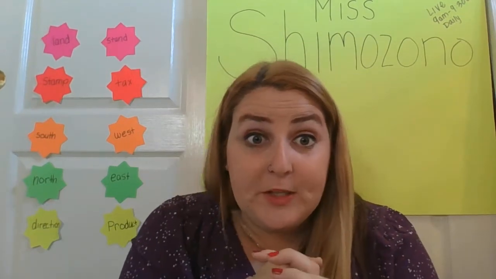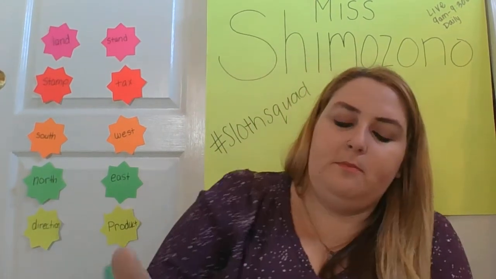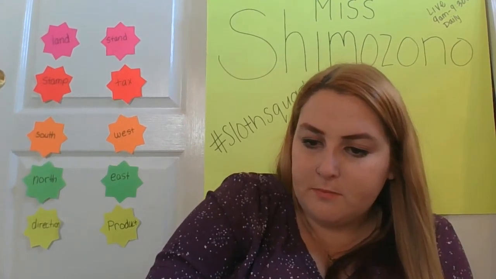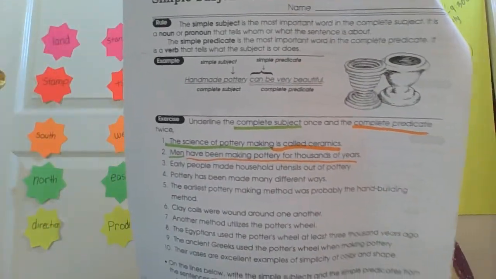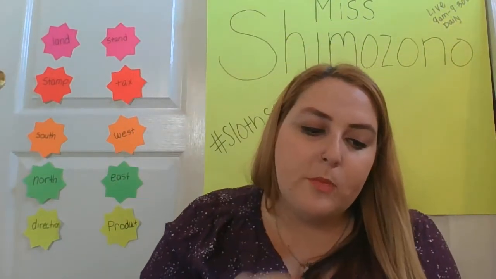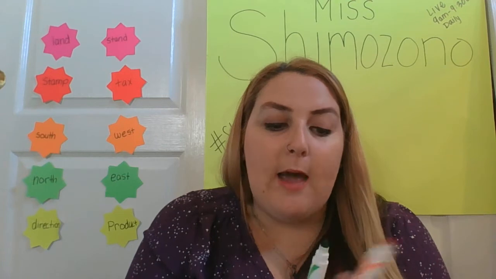Number 2. Men have been making pottery for thousands of years. Who is this about, or what is this about? This is about men. And what have they been doing? Making pottery for thousands of years. Number 3, early people made household utensils out of pottery. Who or what is this about? And what are they doing?